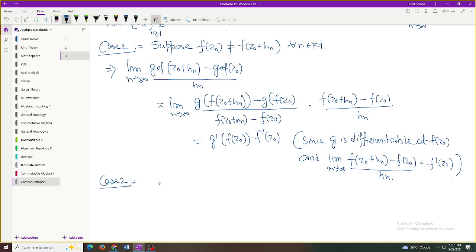So case 2 is f(z0) equals f(z0 plus hn) for infinitely many n.